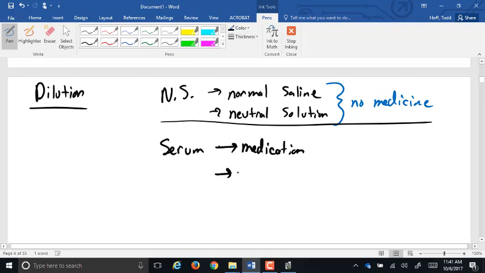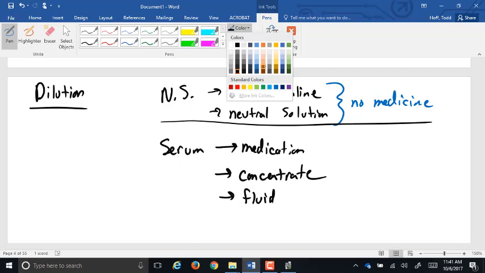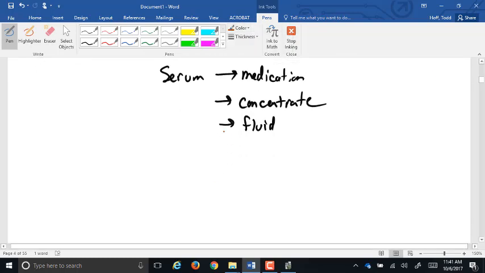It can be a higher concentration of the medication. We'll call it concentrate. Or it can be some sort of a bodily fluid, like urine or blood or anything like that. So that is the material. That's the part that we are interested in. That's what is active, or the active ingredient.